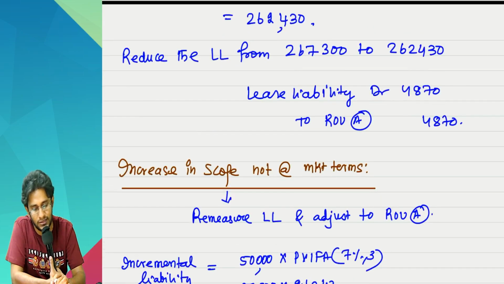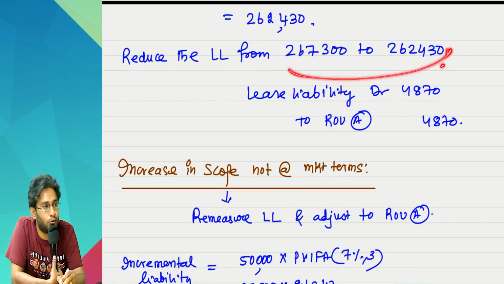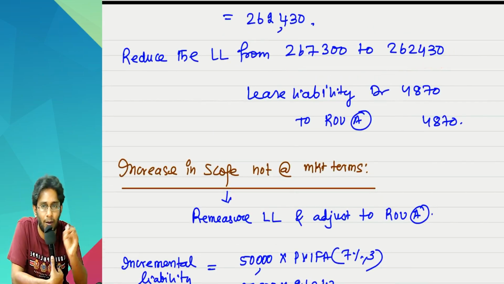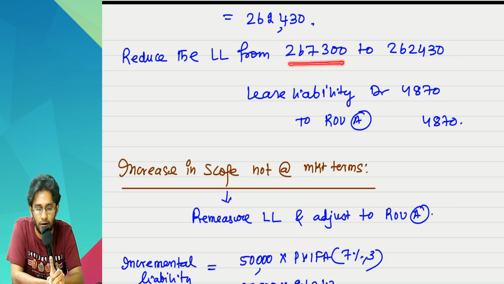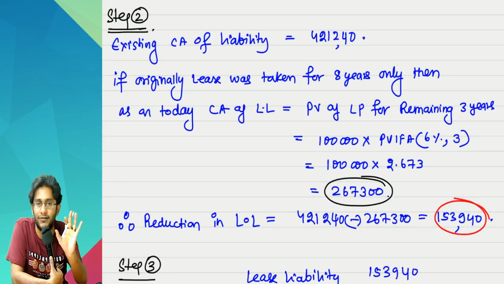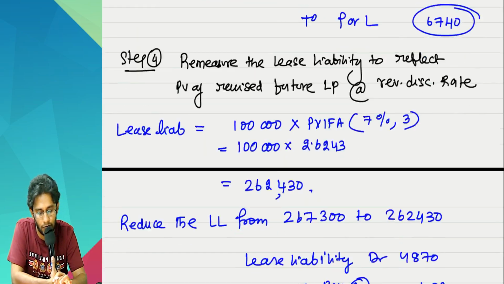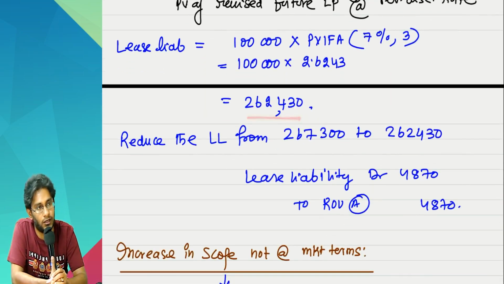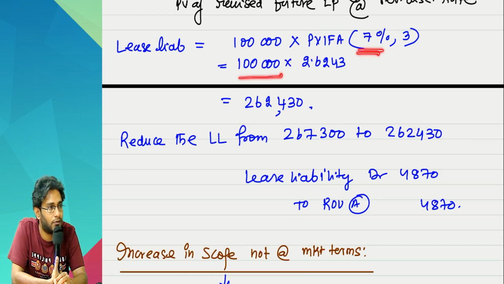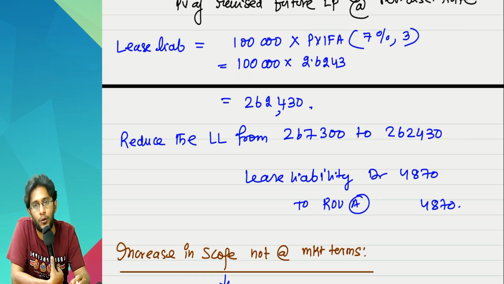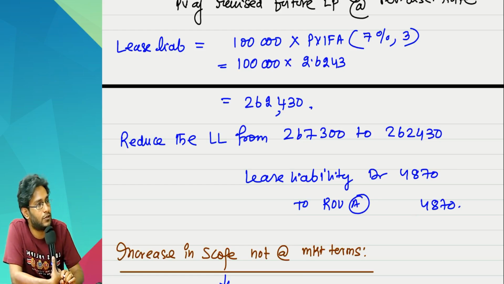Later on, from 267,300 again you dropped down to 262,430. Go and observe the calculation of 267,300 and the calculation of 262,430. 267,300 is the remaining lease payments discounted at the rate of 6%. 262,430 is the same number but discounted at the rate of 7%. When you increase the discounting rate, what will happen to present value? It will fall. Because of that 4,870 has decreased.